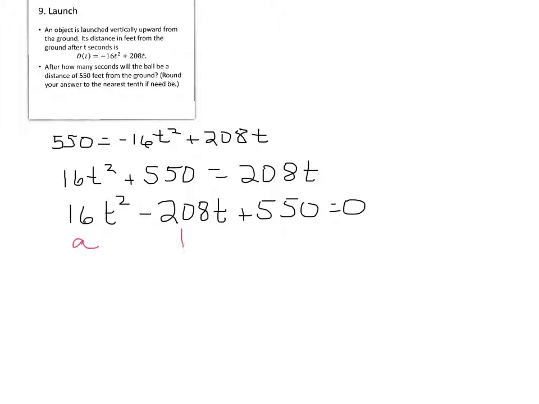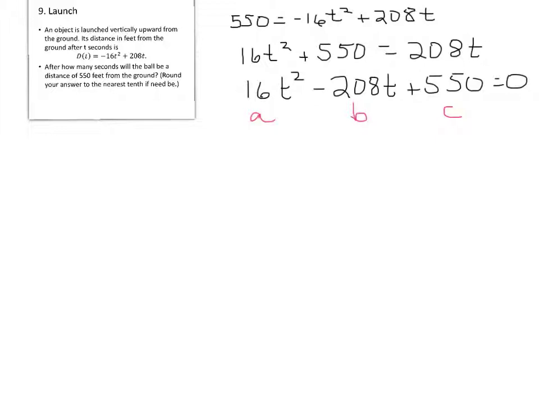Then we subtract 208t from both sides. So in order of descending powers, we have a quadratic equation in standard form, and 16 is A, negative 208 is B, and 550 is C.